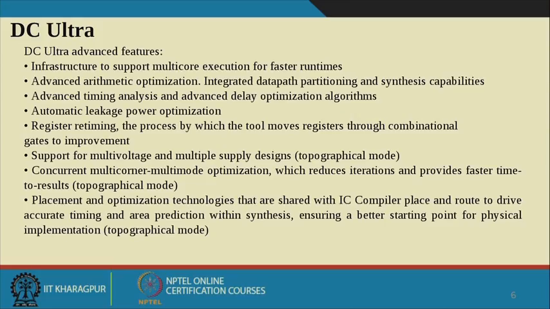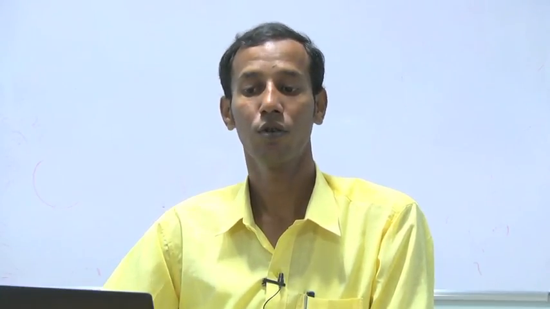If my specification is not being met delay-wise, I have to optimize those delays to meet it. All of this can be done automatically, not manually. The DC Ultra tool does that for you. It also calculates the leakage power, and helps optimize that leakage power automatically.